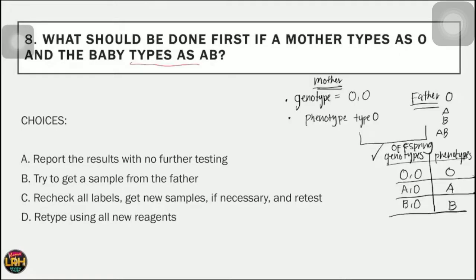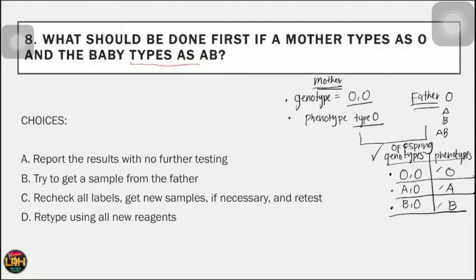It is not routine to find an AB infant born to an O mother, as the mother carries a genotype of O, definitely a phenotype of type O, with a father of either type O, type A, type B, or AB. The possible genotypes of the offspring could be OO, AO, BO, leading to phenotypes of type O, type A, and type B, respectively.